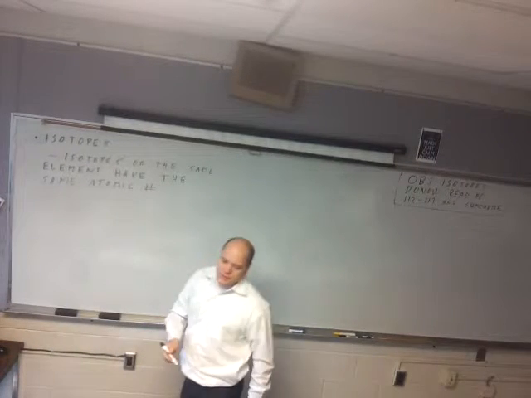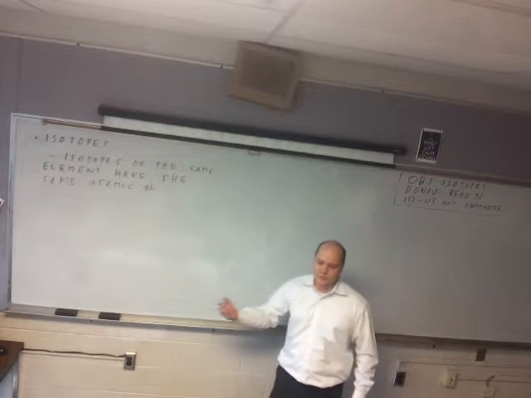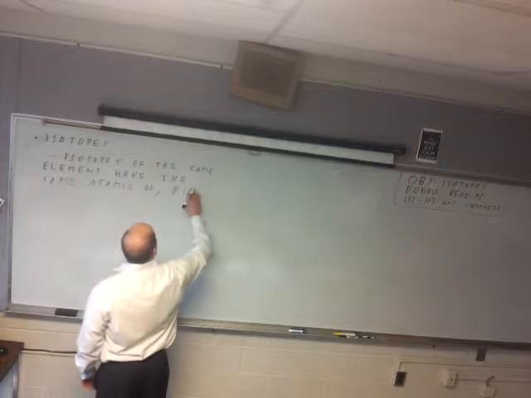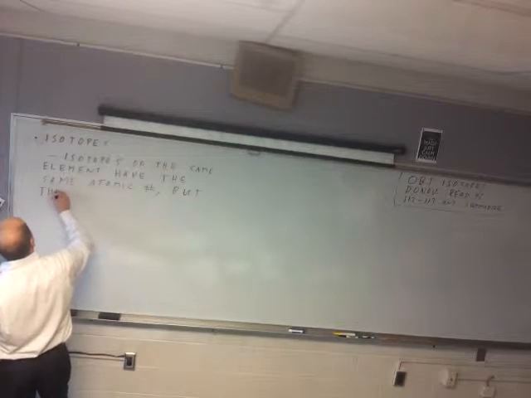Isotopes of the same element have the same atomic number. That should be obvious because the atomic number is what defines the element. But they have a different atomic mass.